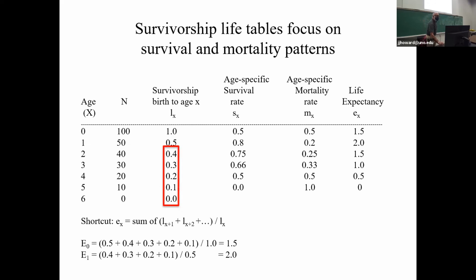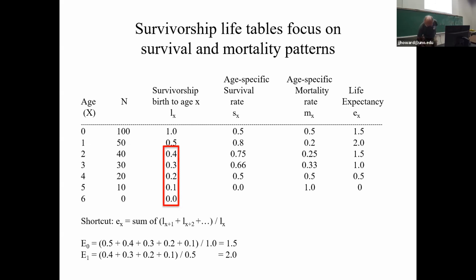So here's how you do E1. You add up L2, L3, L4, and L5, and you divide it by L1. Disregard L0. This is for individuals that have already reached the age of 1, so you don't deal with the newborns.